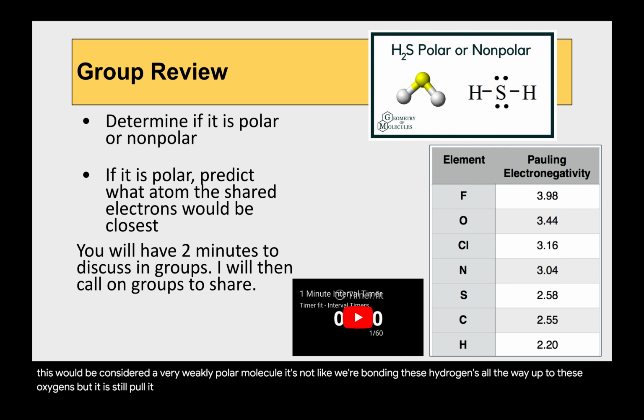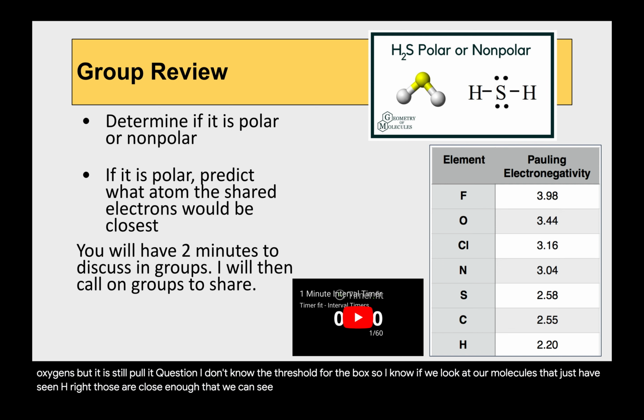Any questions? Yes. What's the scale on electronegativity? Like how weak is considered weak when it comes to the difference in electronegativity? That's a great question. I don't know the threshold for covalent bonds. I know if we look at molecules that just have C and H, those are close enough that we consider it nonpolar.